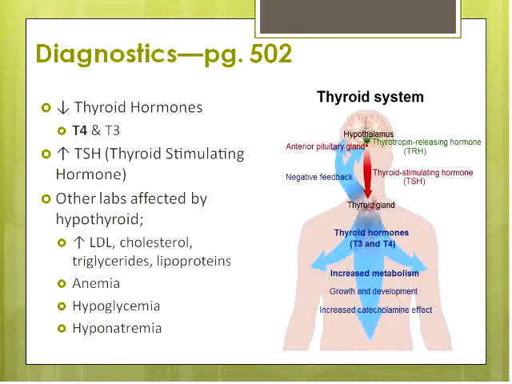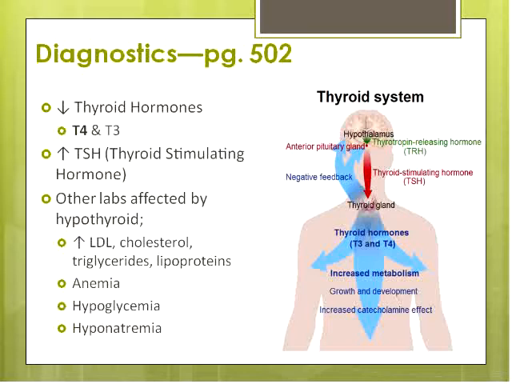Alrighty, diagnostics. This is where you kind of need to know a little bit about your pituitary gland. Your pituitary gland sends TSH, thyroid stimulating hormone. When it detects that our T3 and our T4 are kind of low, then it sends our TSH and says, come on, I'm stimulating you, make more.